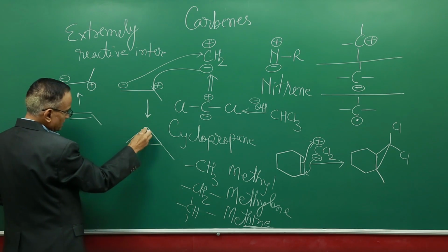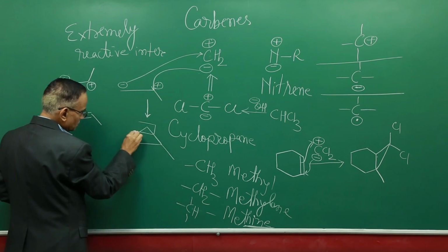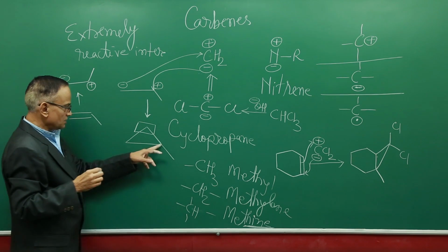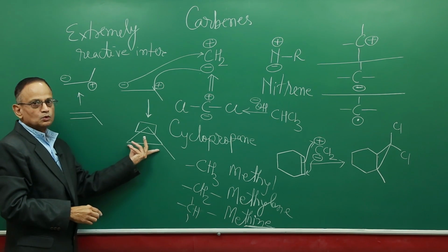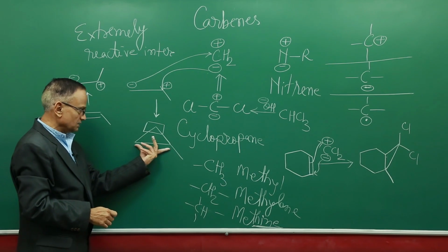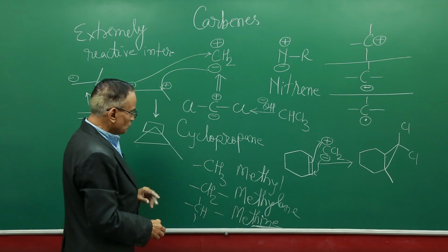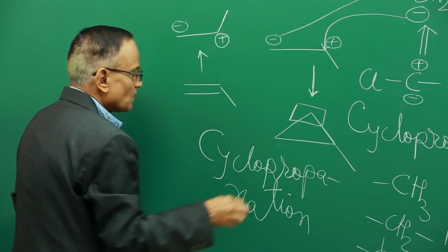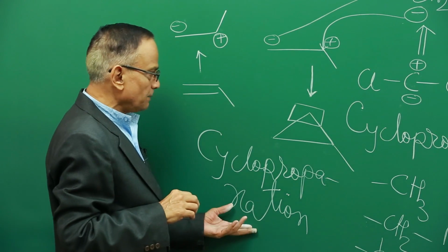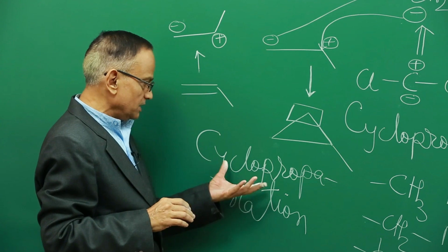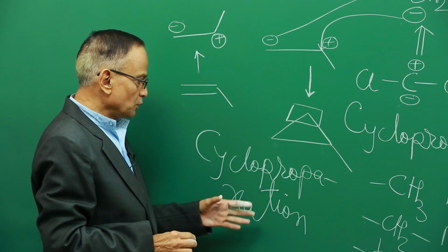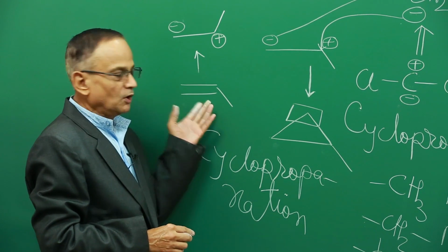The net result is you have introduced this CH2 across the double bond or between the two doubly bonded carbons. This is what is called cyclopropanation. Formation of cyclopropane from a double bond is called cyclopropanation of a double bond.